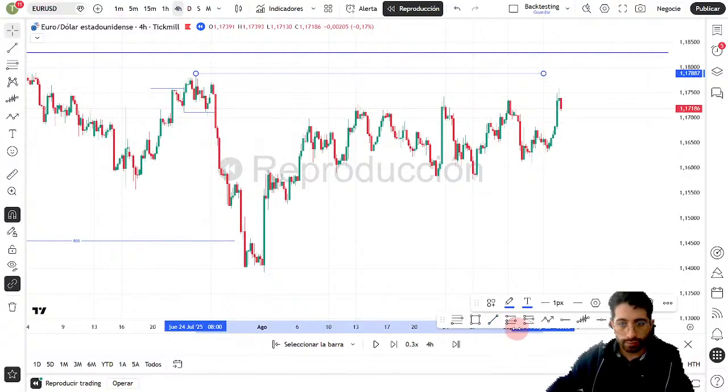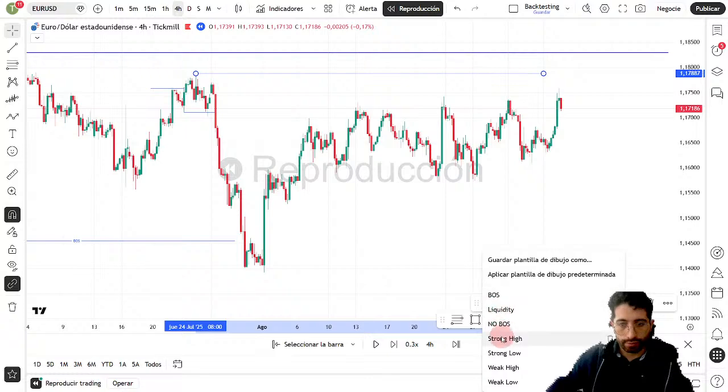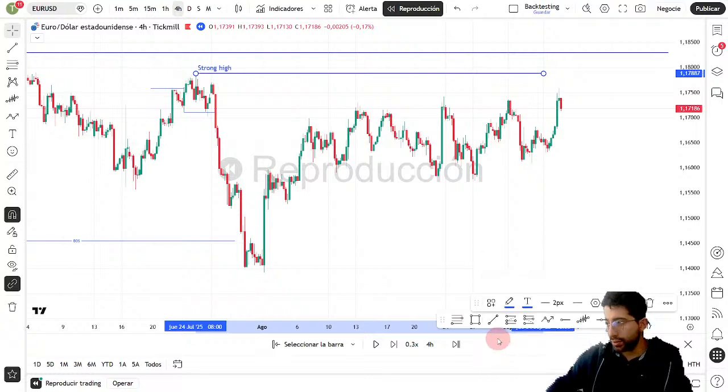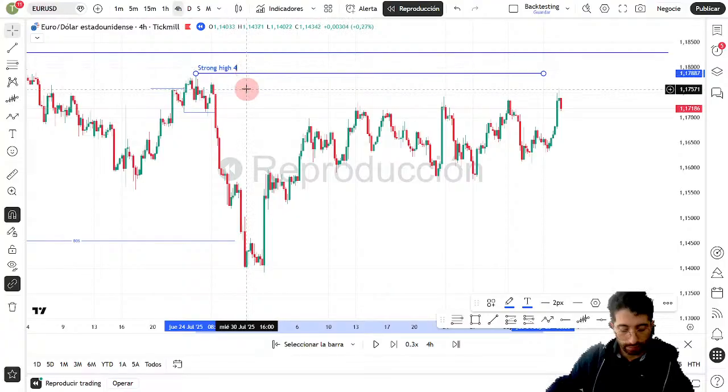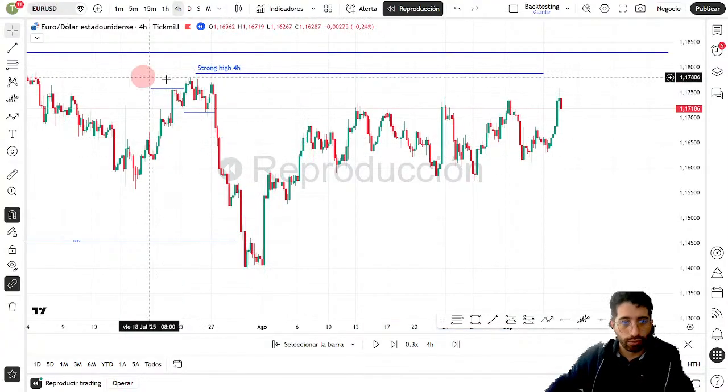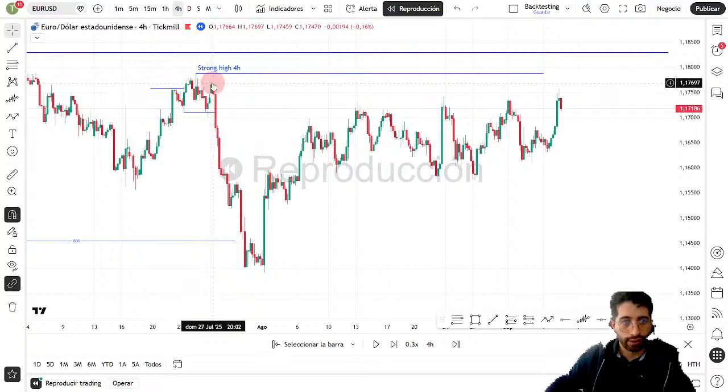Now, this is the strong high. This is the strong high, which means that this is the strong high on the 4 hours. Remember that when it's a strong high, it's because this high is respected through the movement, and this is what actually happened. After this high, there are no higher highs, or the highs are lower, right?